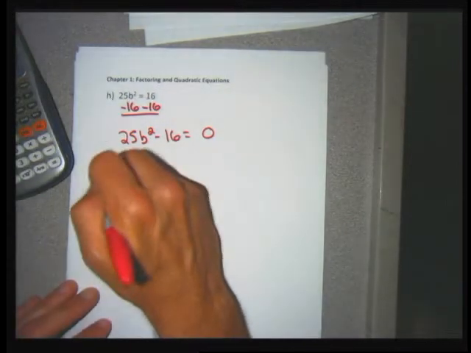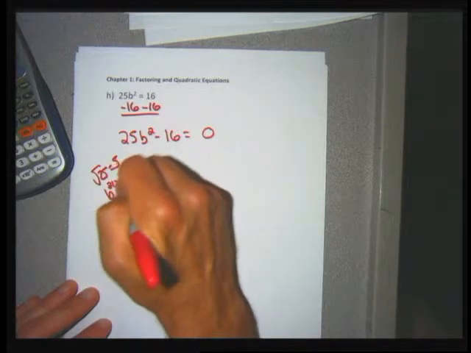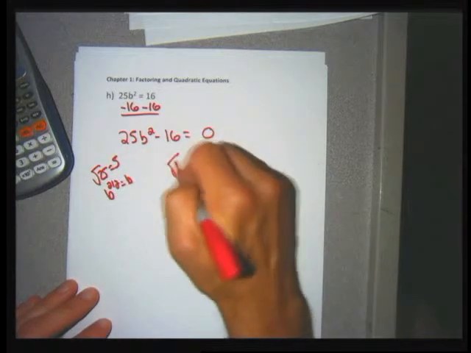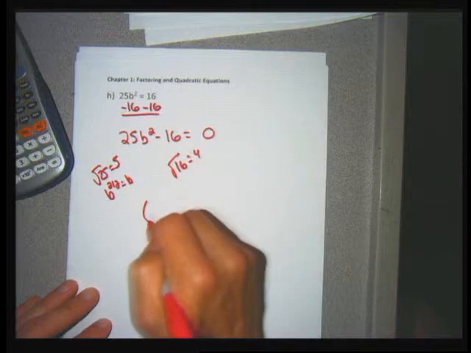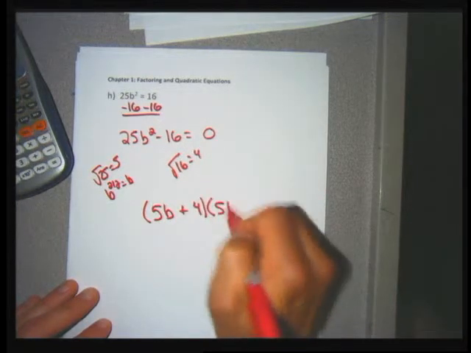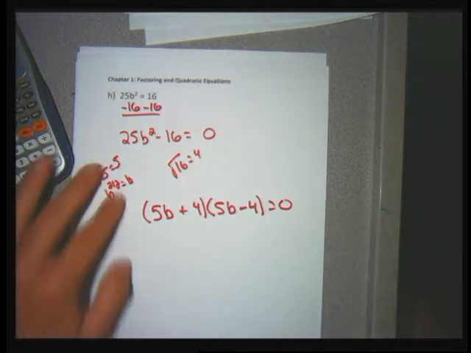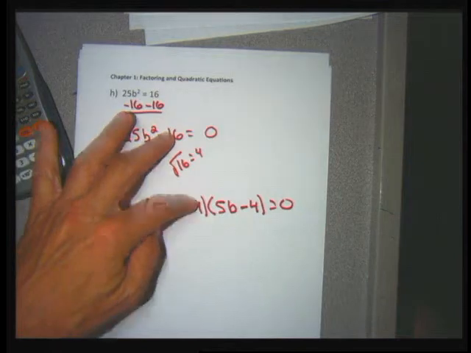So the square root of 25 is 5. B to the second power over 2 is b to the first power. The square root of 16 is 4. And get two essentially identical parentheses, one with a plus sign, one with a minus sign. The 5 and the b come from the first, the 4 comes from the last.